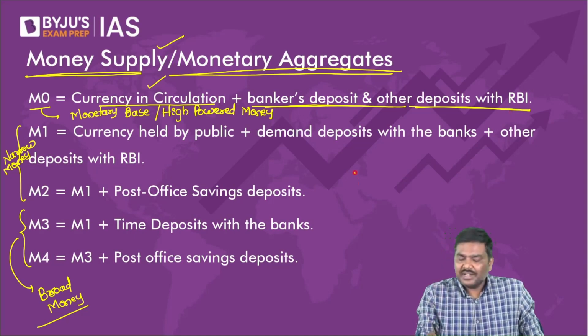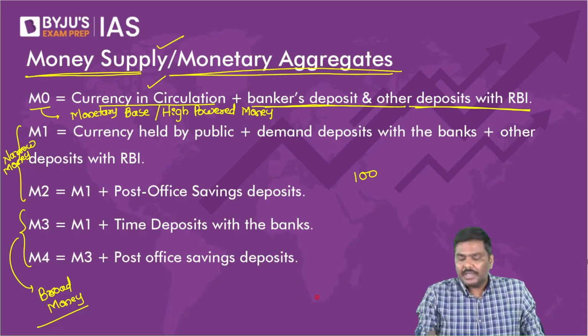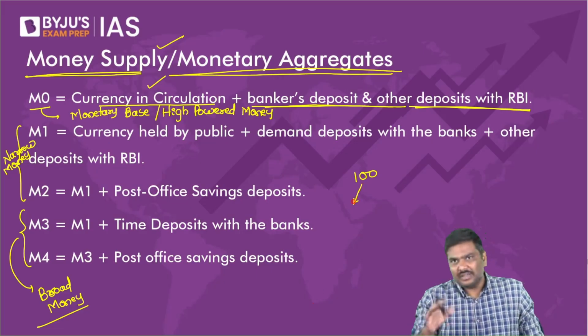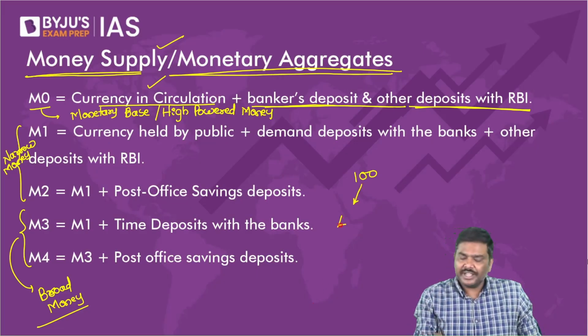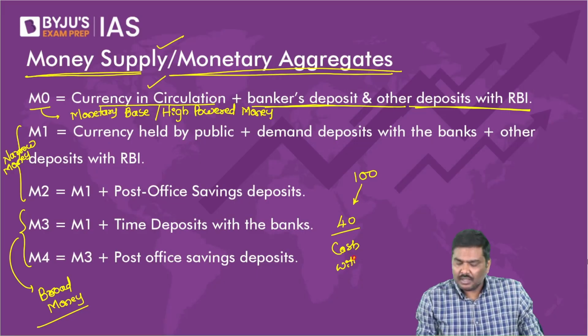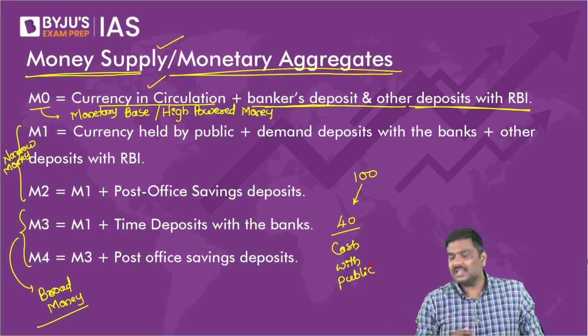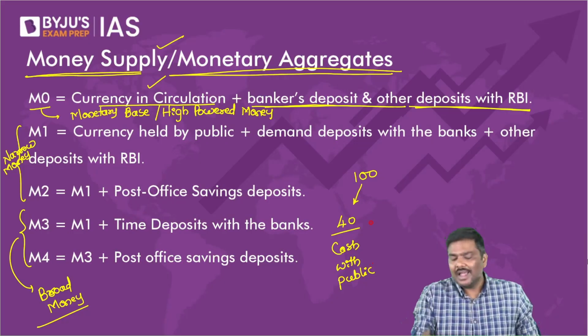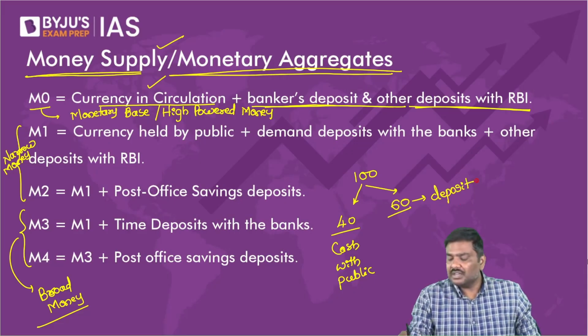Imagine RBI has printed 100 rupees. Can I say the 100 rupees can be divided into two parts? 40 rupees people will keep with themselves as cash, currency with the public, and the remaining 60 rupees they will deposit with the bank.